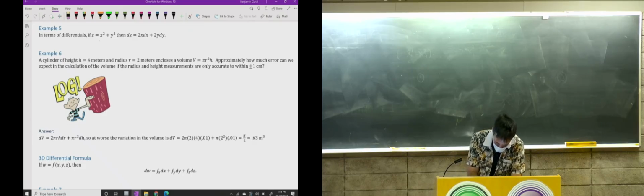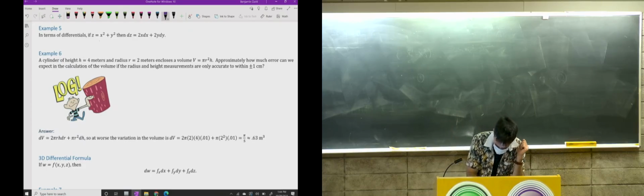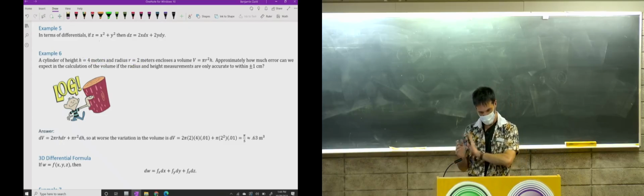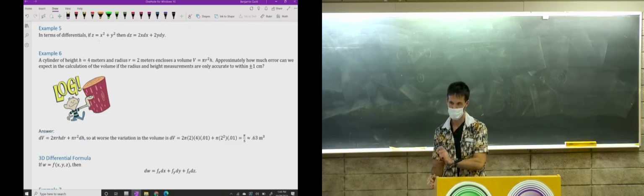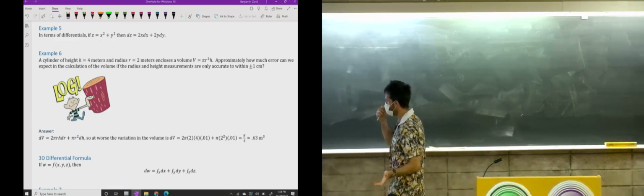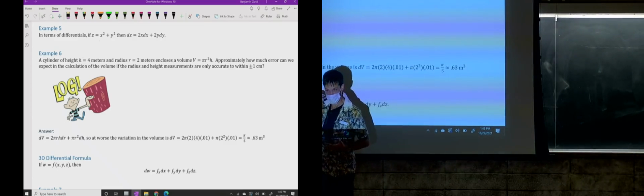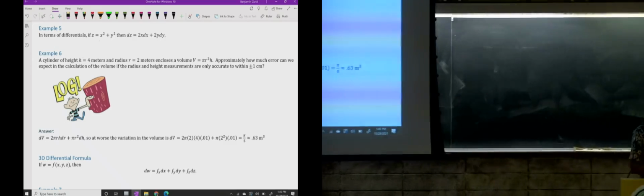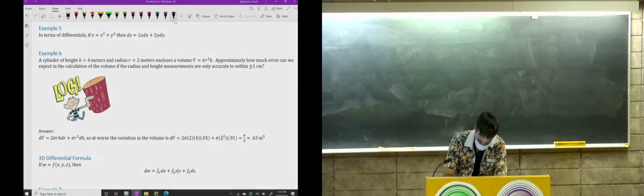Okay, so suppose you have a log, which is a cylinder, and its height is 4 meters and its radius is 2. Except you're not super sure about that height and radius. Let's say maybe you asked a kid to measure it, so there's a certain degree of error in those measurements. We're going to approximate how much error you expect to find in the volume of the cylinder.